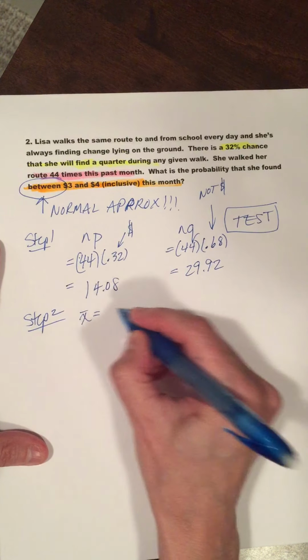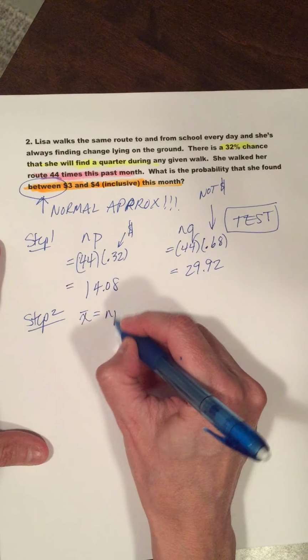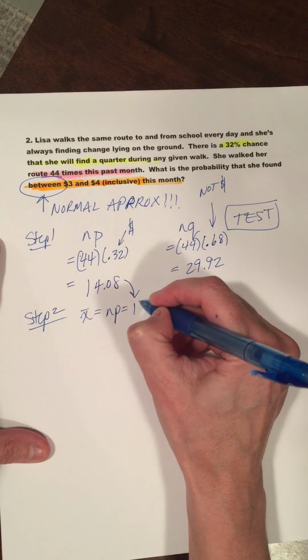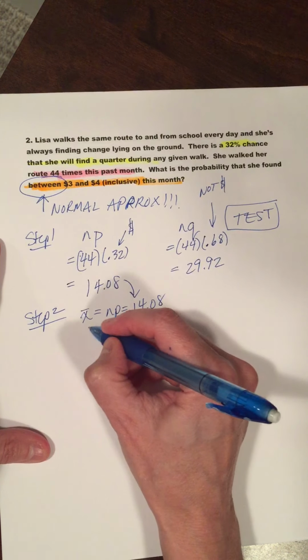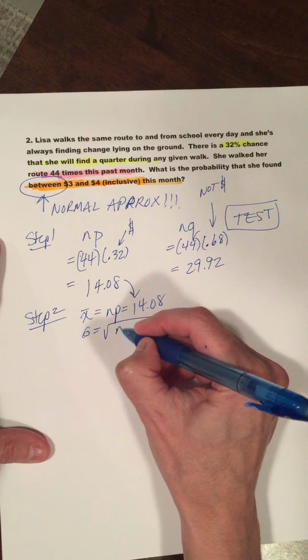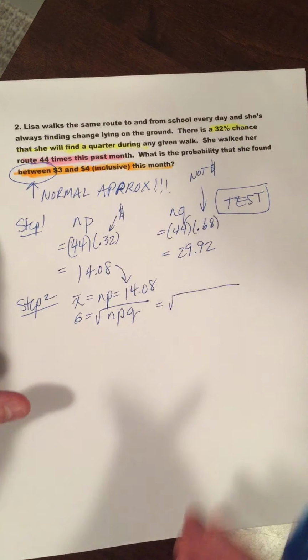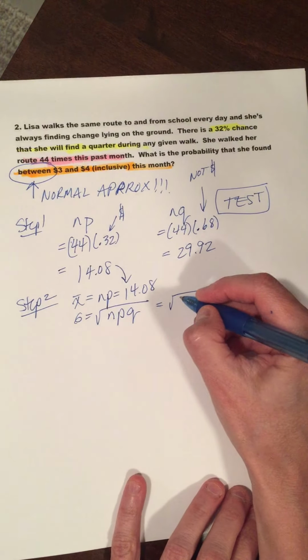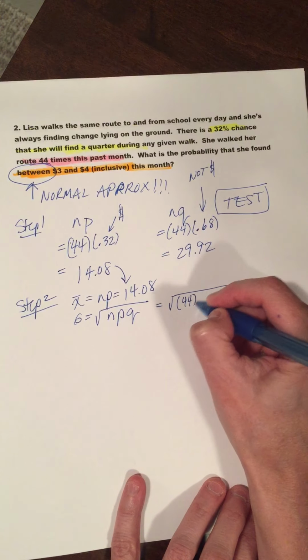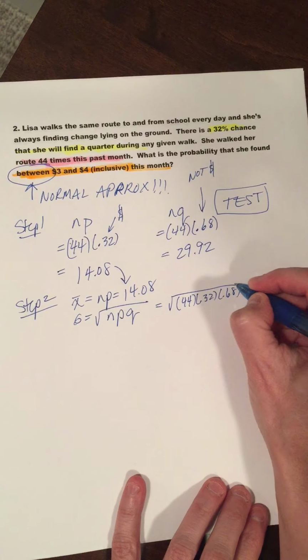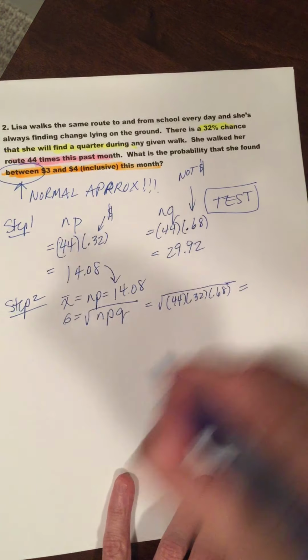Second step is to calculate your X-bar or your mean, and you've already done that, so save yourself some work. Second step is to calculate your sigma by taking your 44 times the probability of success times the probability of failure and square rooting it.